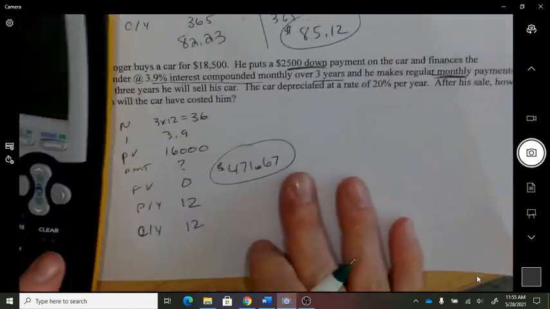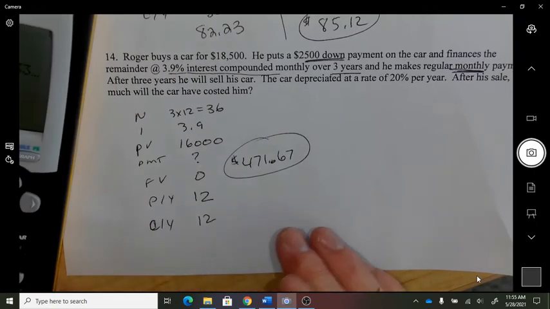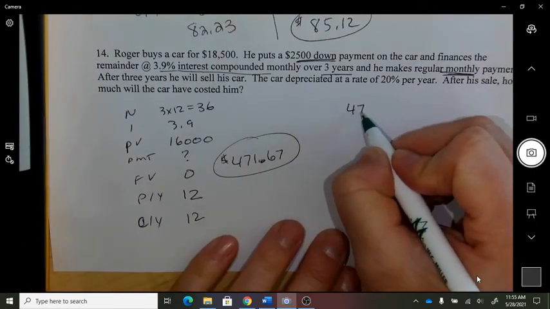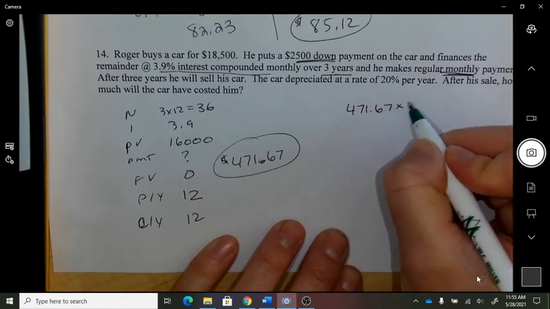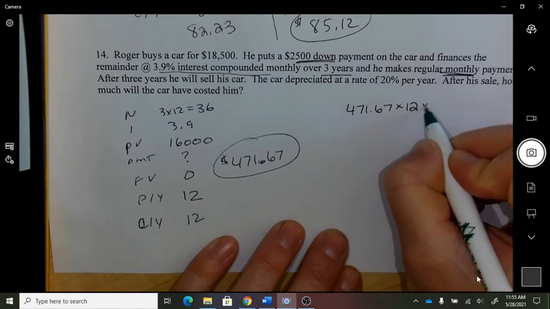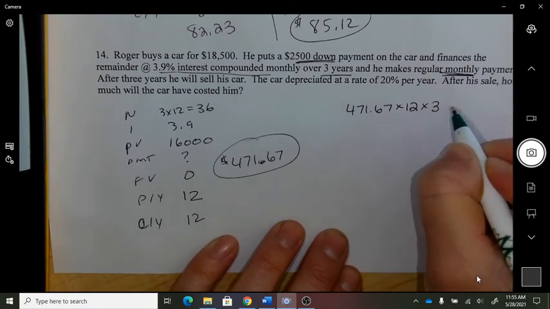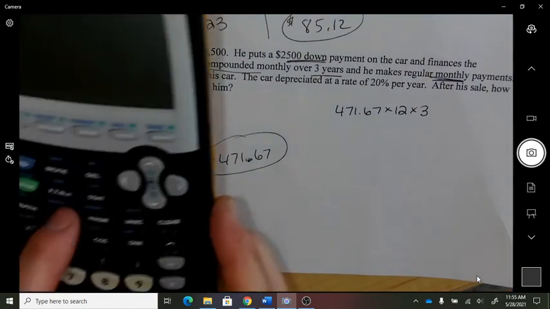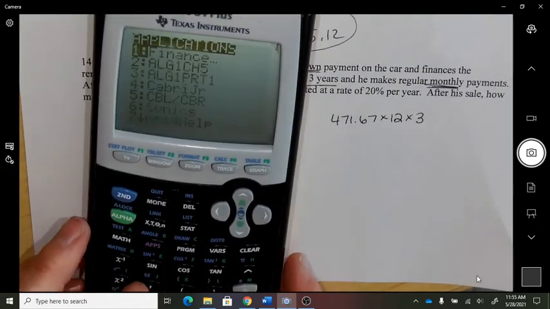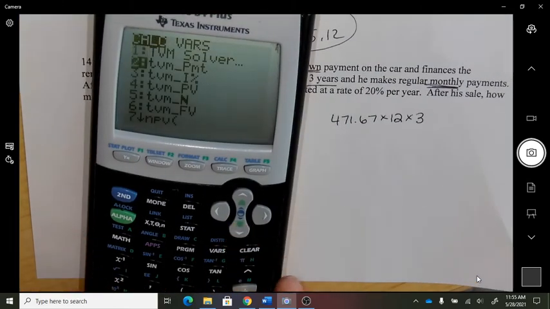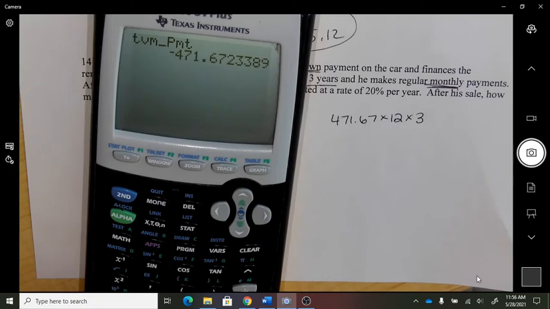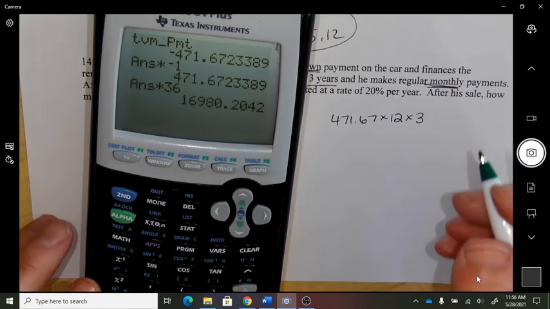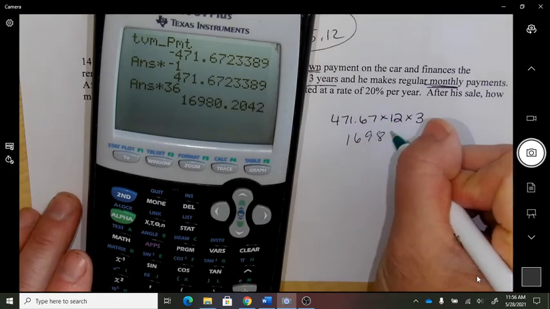So let's figure out how much this car cost us. Each month we did this, 12 times a year for 3 years. So I'm going to go to finance, get the payment on my screen, get it positive, multiplying it by 36. So 16,980.